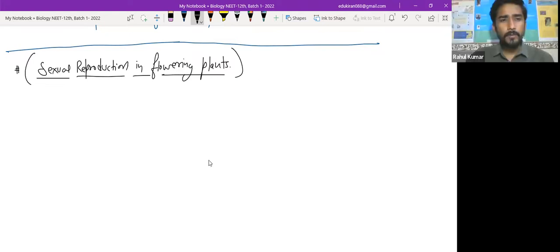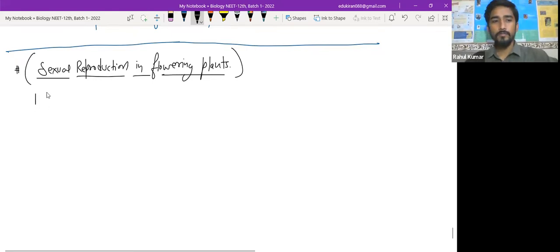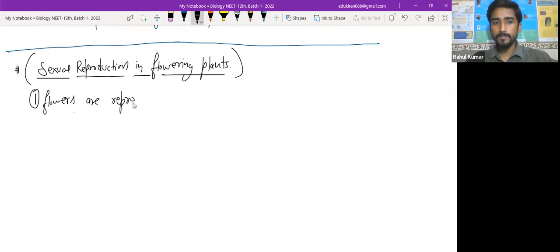Now, when we talk about sexual reproduction in flowering plants, the word flowering plants is very important here because flowers are the reproductive structures of a plant. Write down first thing, flowers. Why are flowers formed? Flowers are reproductive structures, plant organs.